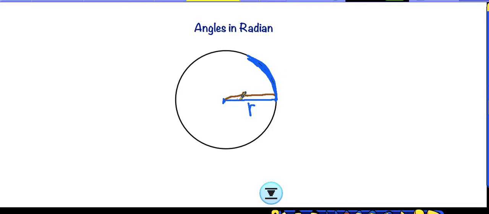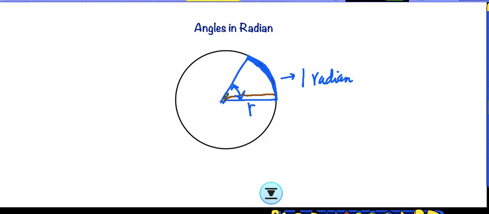So this distance here and this distance here are exactly the same, because this is how I measure using the radius to go around the circle. This piece uses the length of the radius to cover this piece of the arc, and we define the space between them as 1 radian.